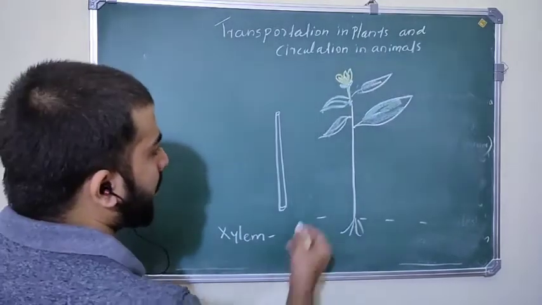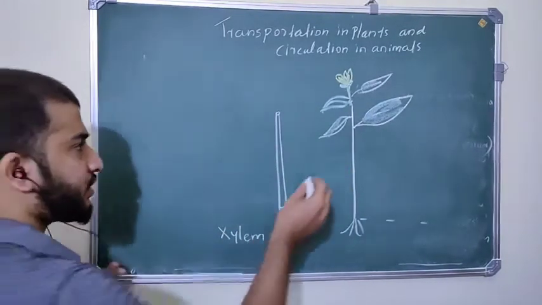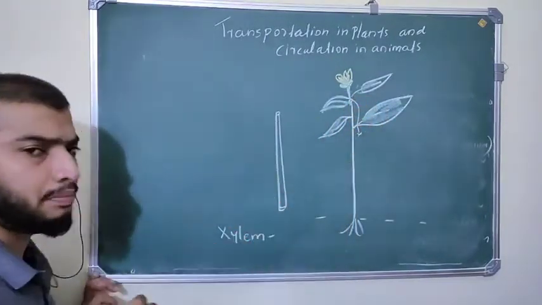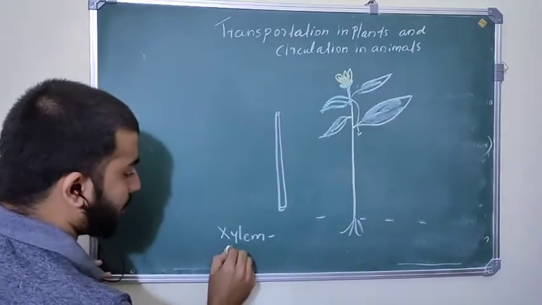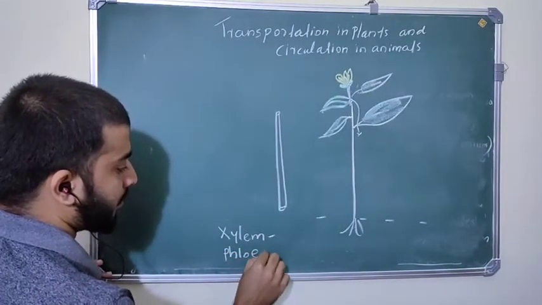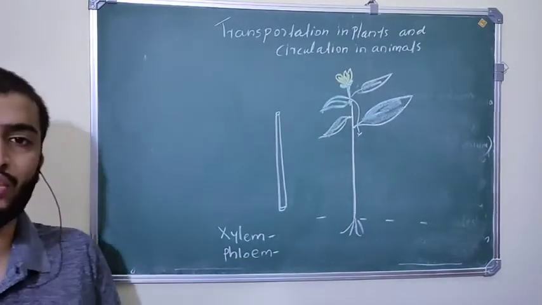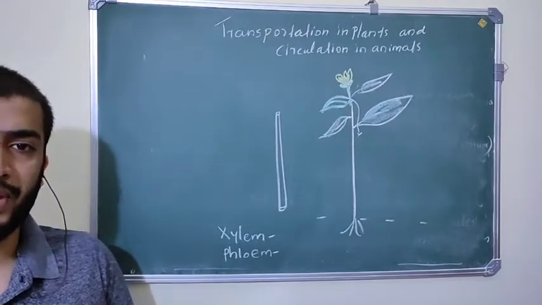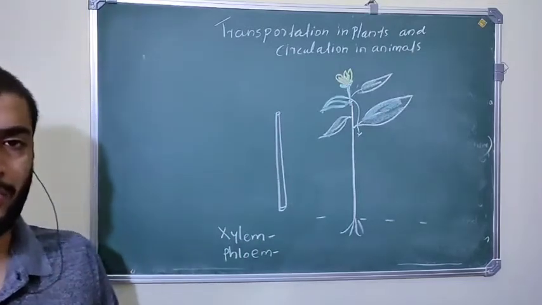Then after photosynthesis, food is prepared, and this food is translocated into different parts of the plant by another tissue called phloem. So xylem and phloem tissue in plants transport water, minerals and food materials all over the plant parts.